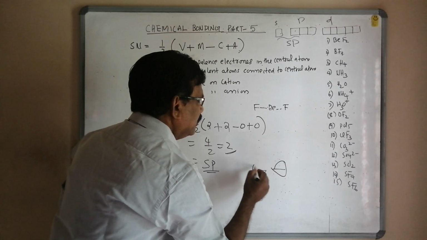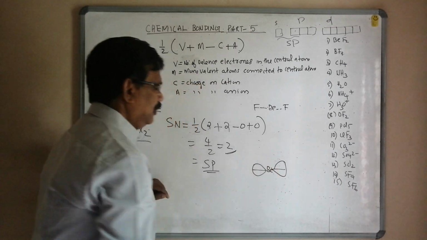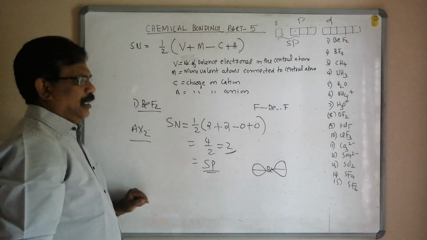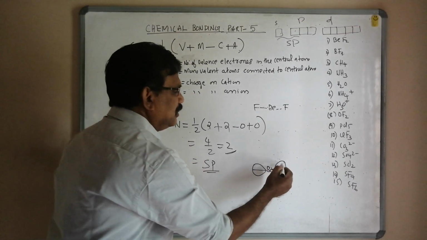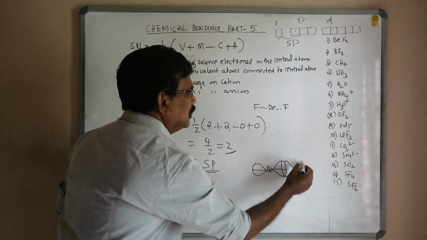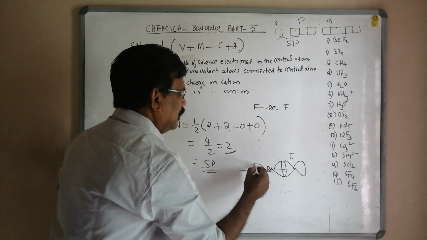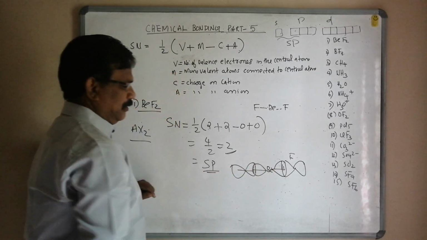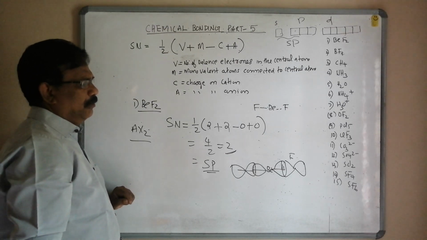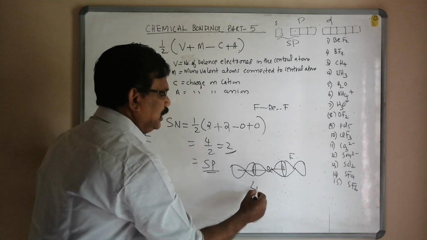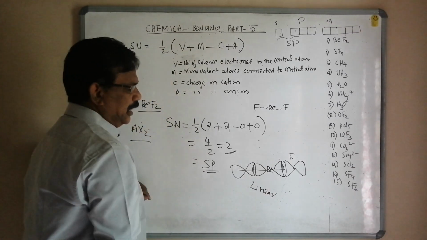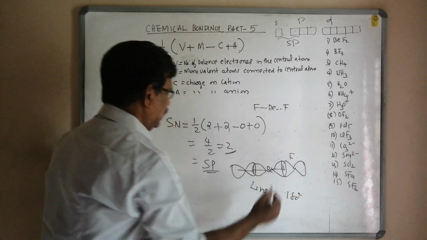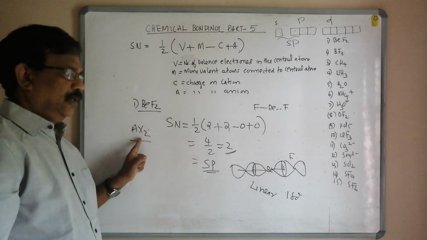We discussed this earlier. This is beryllium, sp hybridization, and two fluorine atoms will connect here. Beryllium difluoride shape is linear, bond angle 180 degrees, for AX2 type.